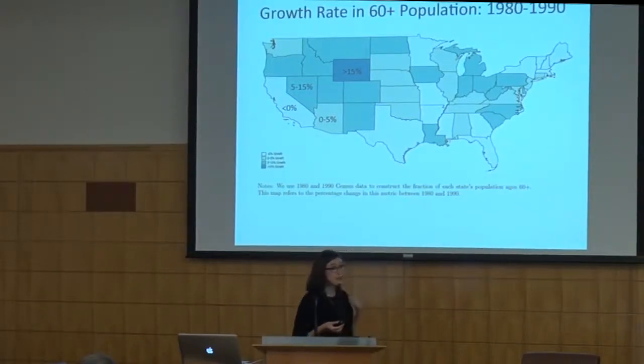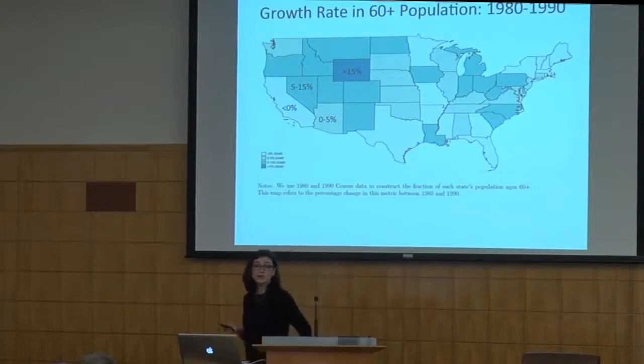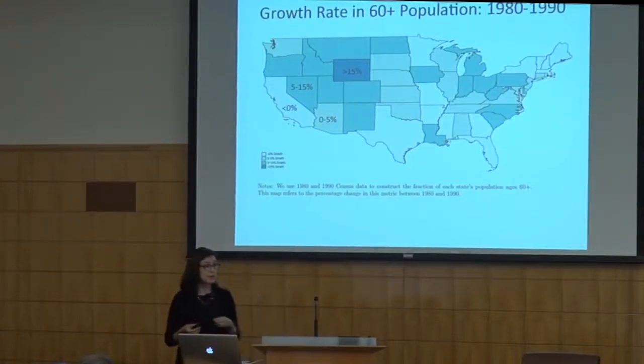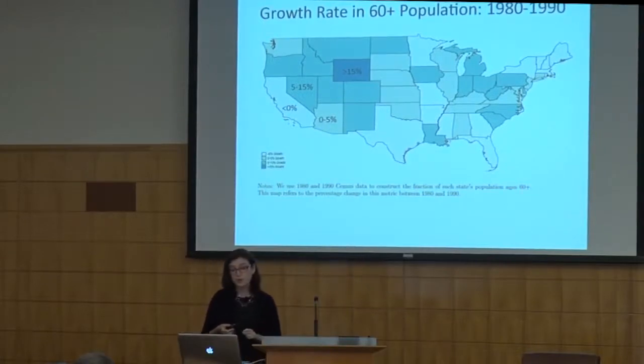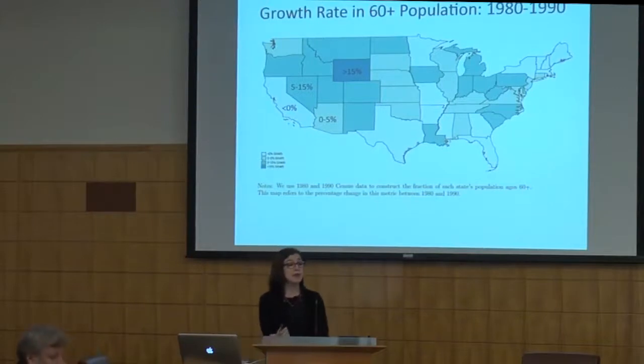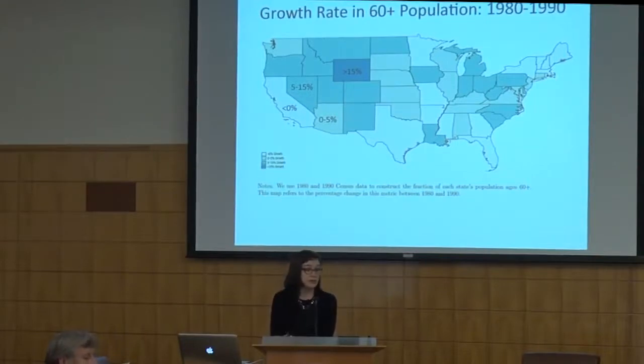You see California actually experienced a decline in the fraction of the population that was 60 plus during this decade. Nevada, on the other hand, experienced an increase in the neighborhood of 5 to 15%. We've got them binned up. Wyoming saw very large growth in excess of 15% over that period. And there's Arizona down there experiencing growth in the range of 0 to 5%.